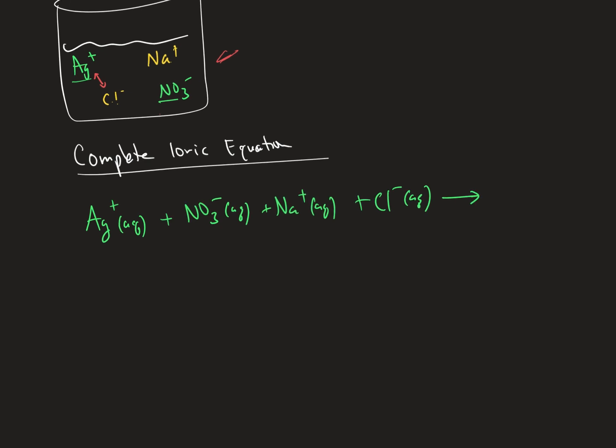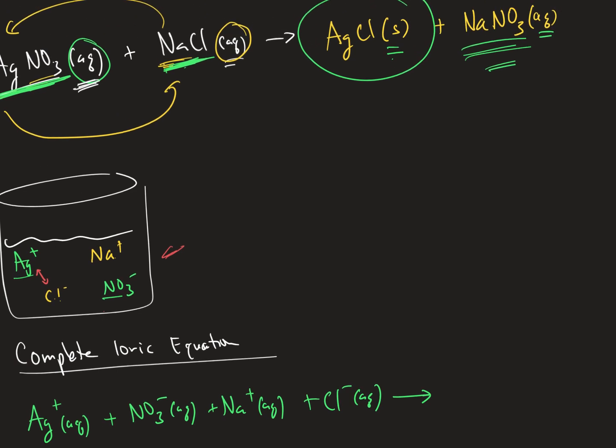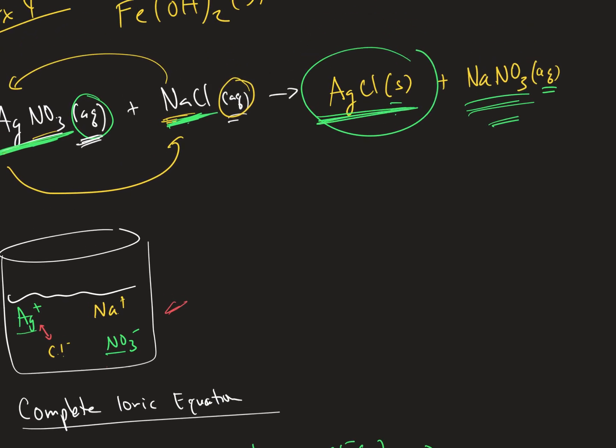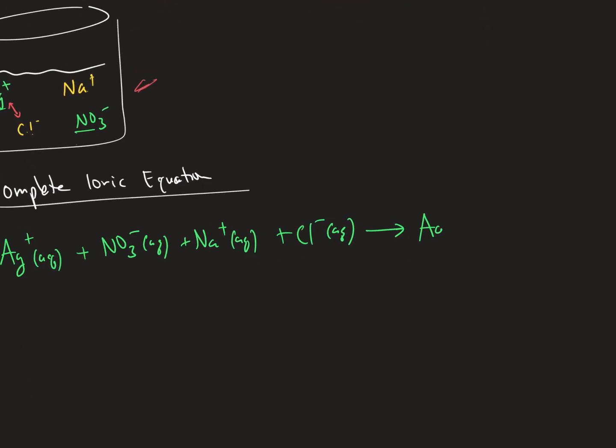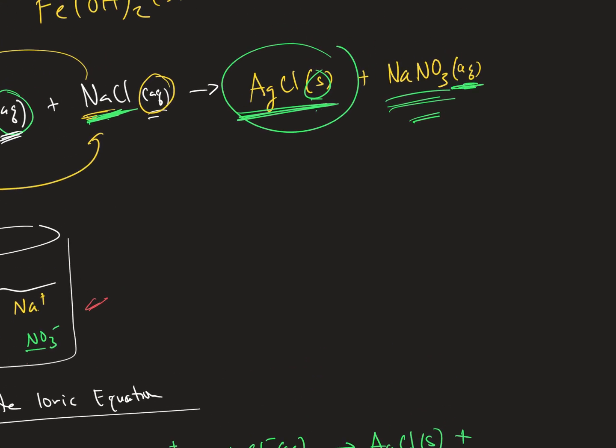And then we come over here to the product side. Is this going to split up, silver chloride? No, it's a solid. So we're going to write it as is. And this one splits up because it's aqueous.